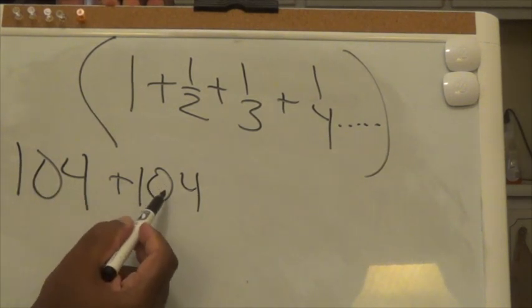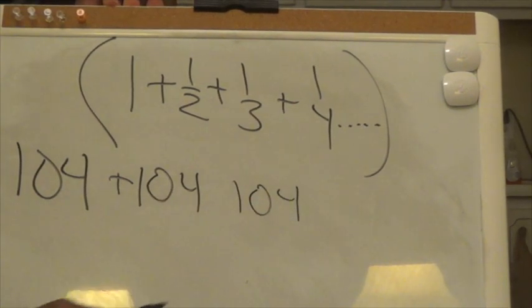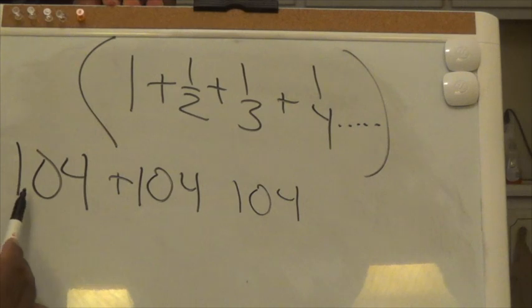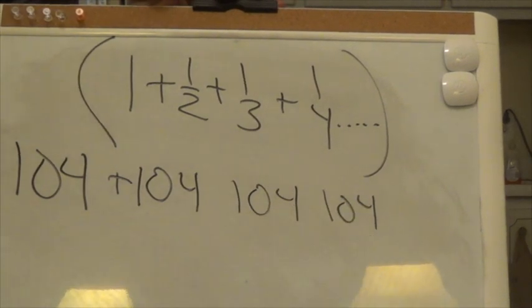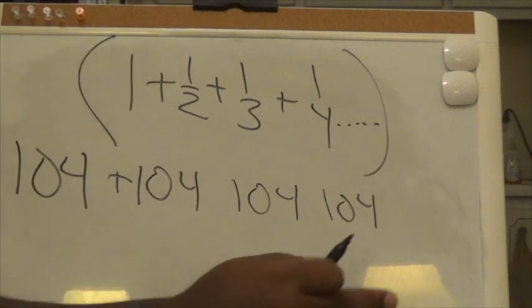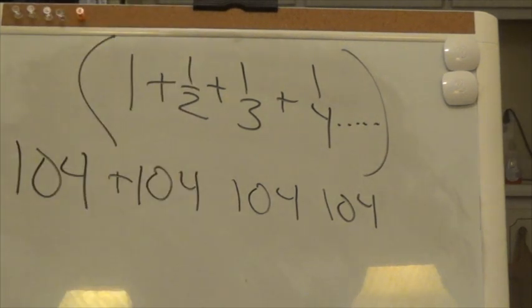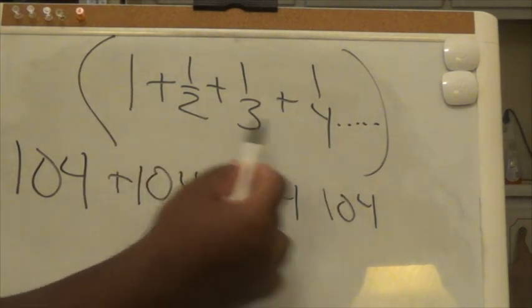So 208 plus half of 208, which is 104, gives 312. Then 312 plus 1/3 of 312, which is 104. So you just keep adding 104 to the whole thing, which is what I wrote up the first time. But now we understand what this harmonic series is.